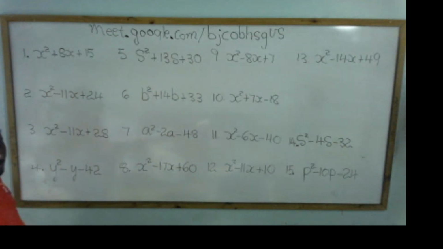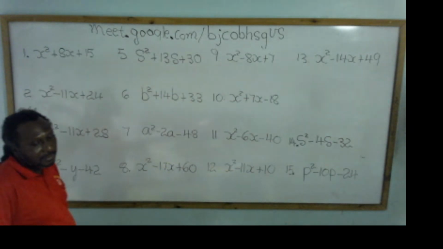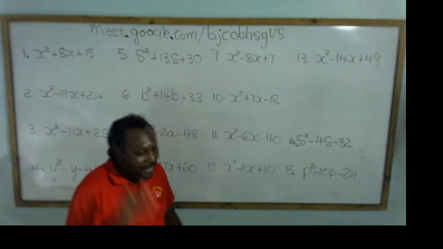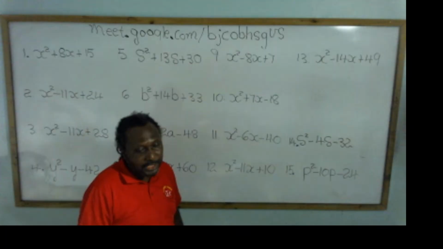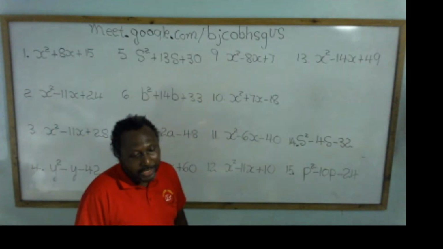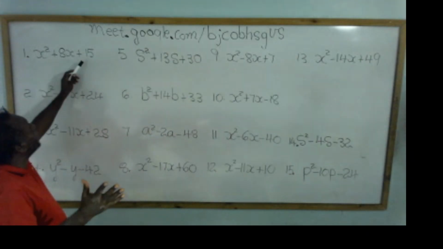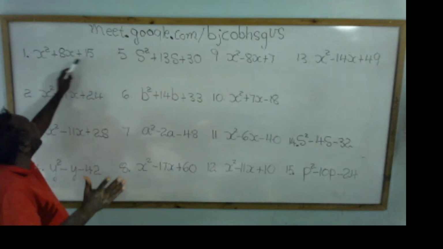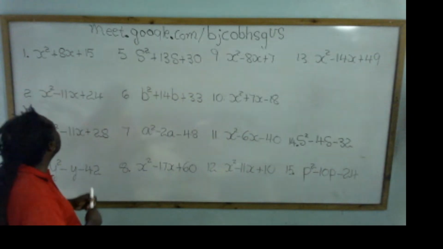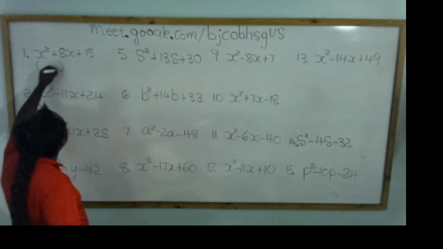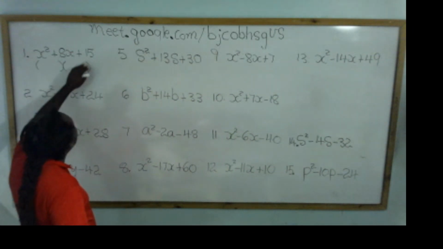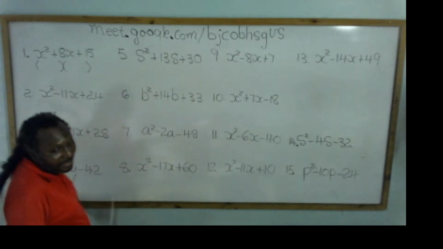Now, when all of the signs are positive, you know that this is your most basic factorization of a trinomial. So let's go. What two numbers do you know multiply to give 15, and when you add them, the result is 8? So the two numbers have a product of 15 and a sum of 8.